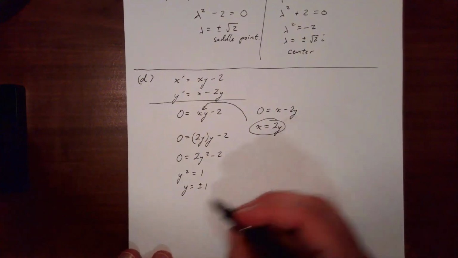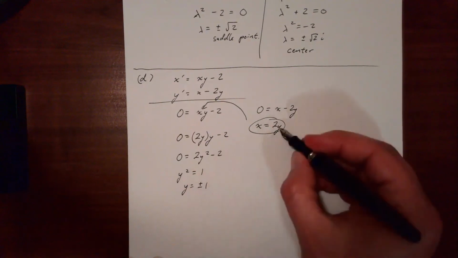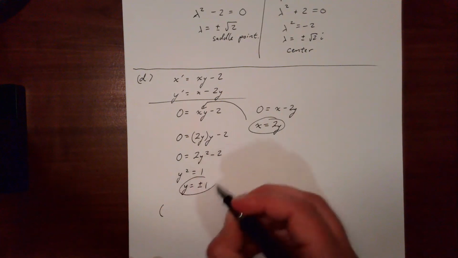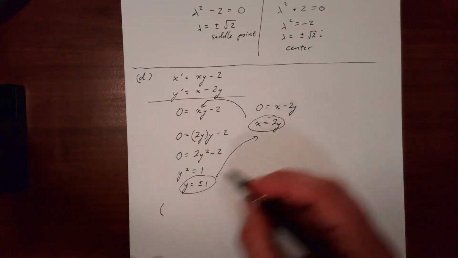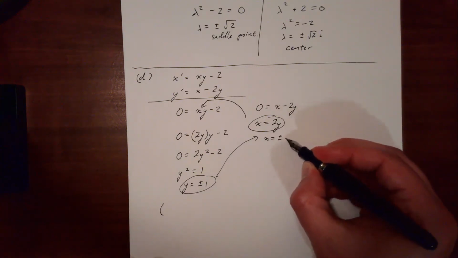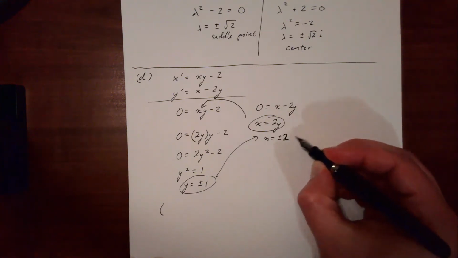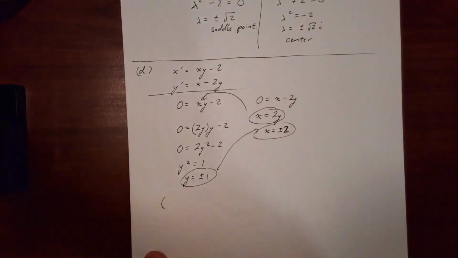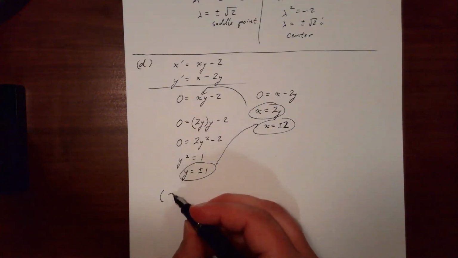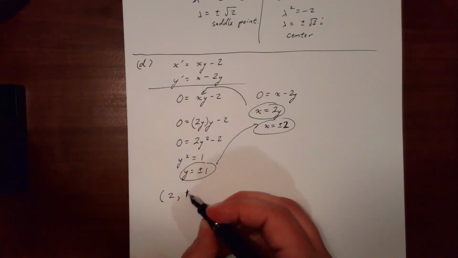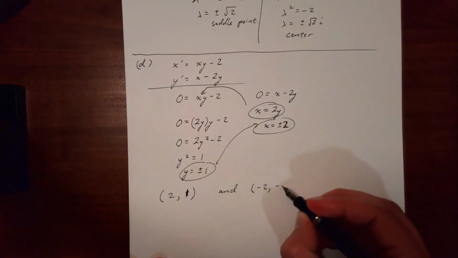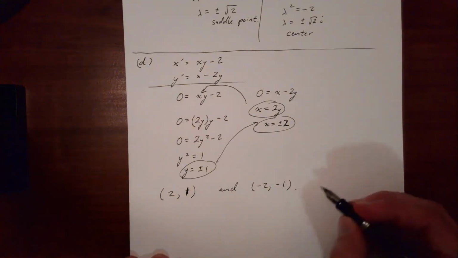So then if y equals 1 or -1, we'll get the corresponding x over here. x equals positive and negative 2, to match the y's. So we'll have (2, 1) and (-2, -1) for our equilibrium points.